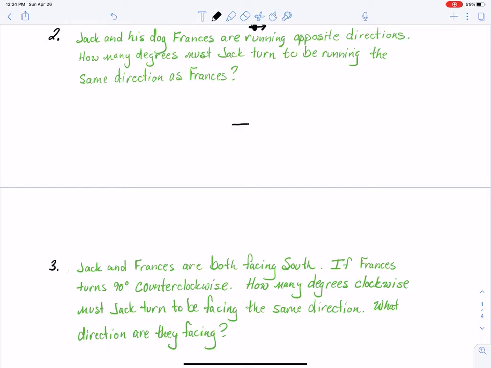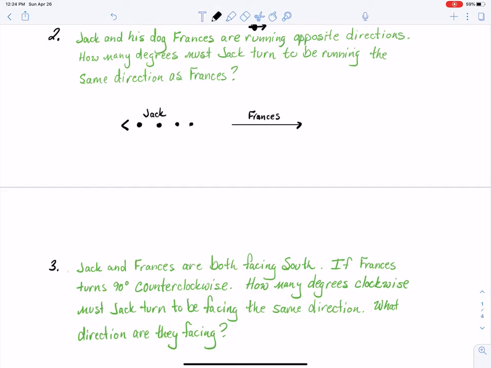So let me put Francis going to the right, and Jack, I'm going to have him going to my left. I don't know that Francis is going to the east. I don't know that Jack is going to the west. I'm just putting out a general plan to begin with. So Jack is over here.